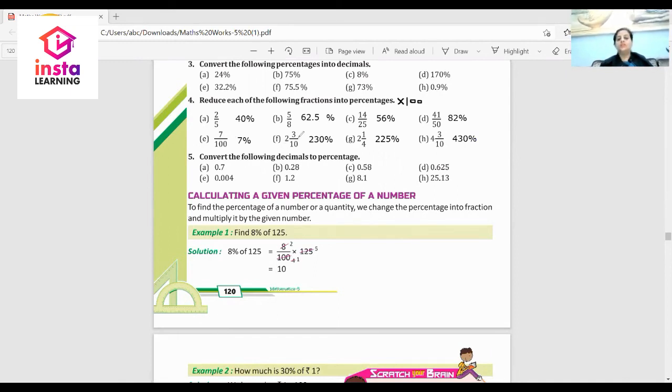2 and 3 upon 10 will be 23 upon 10, so its answer will be 230%. Here its answer will be 225%. Then it is 430%. Likewise, we will do the decimals to percentage also. In that, 0.7 is given.